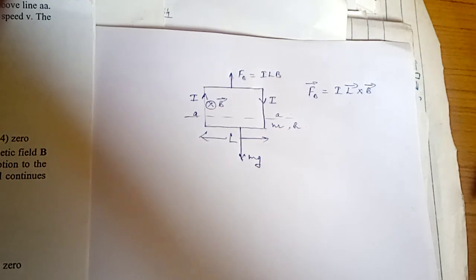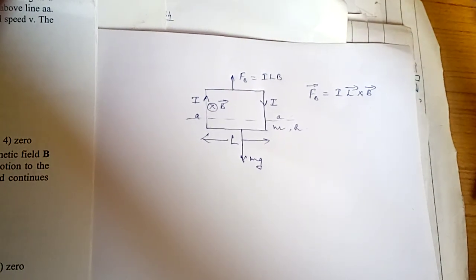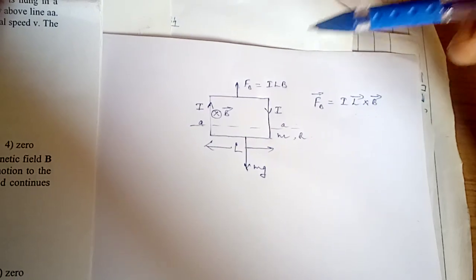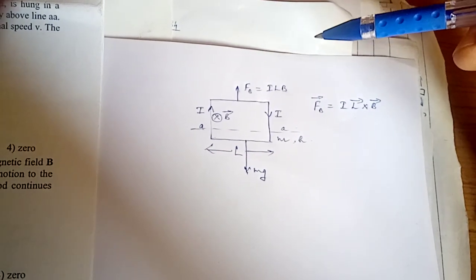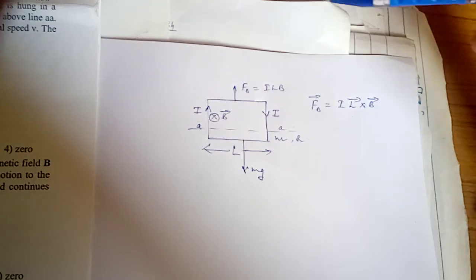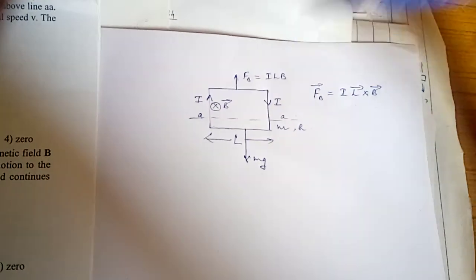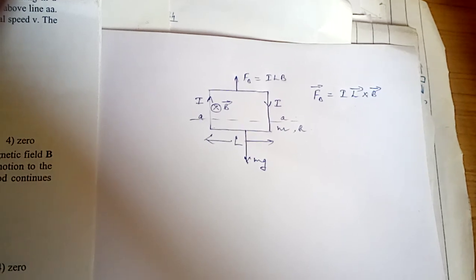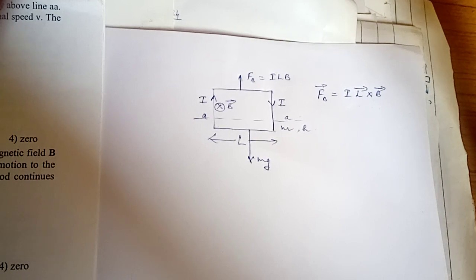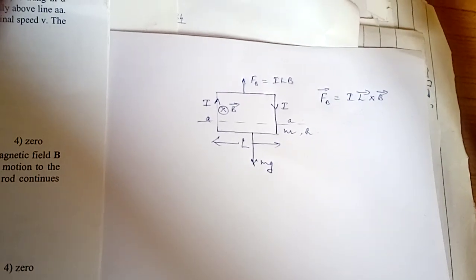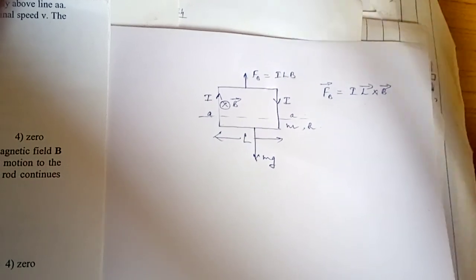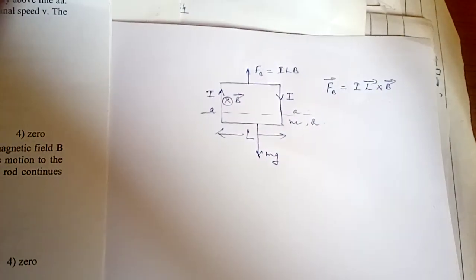It will not remain at rest there, because before reaching the zero force condition, it has some velocity. So it continues to move with the same constant velocity, and that maximum constant velocity is what terminal velocity is. The key point here is that terminal velocity means the maximum velocity, and at that velocity the acceleration of the entire loop is zero.